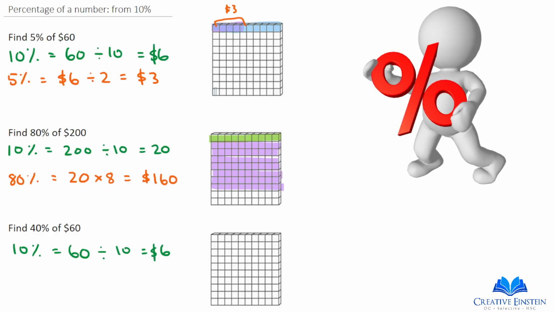So that is 10%, which is here. But again, we don't want 10%, we want 40%. So we know that there are 4 10% in 40%. So 40% is going to equal $6 times 4, which is $24.